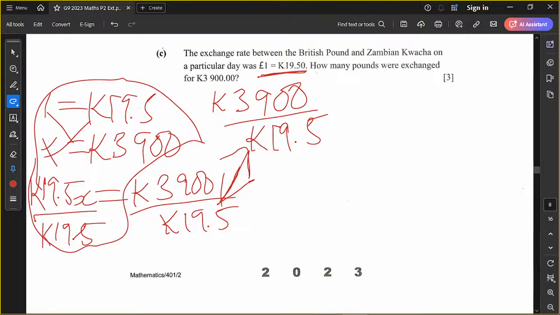So we divide the total amount of money by the exchange rate.